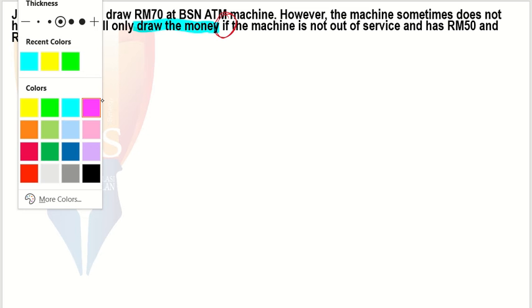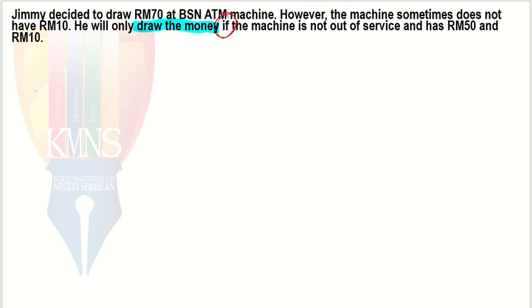I use different colors here. I didn't highlight the "not" because, if you remember, "not" and "or" cannot be your input. So draw the money will be your output, and machine out of service, has 50 ringgit and 10 ringgit will be your inputs.